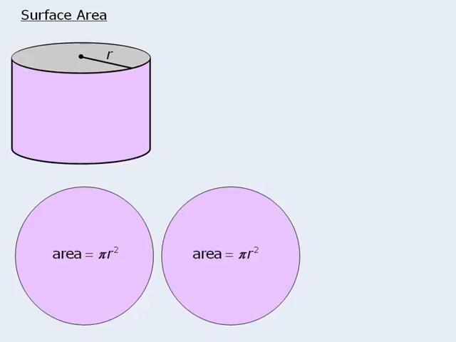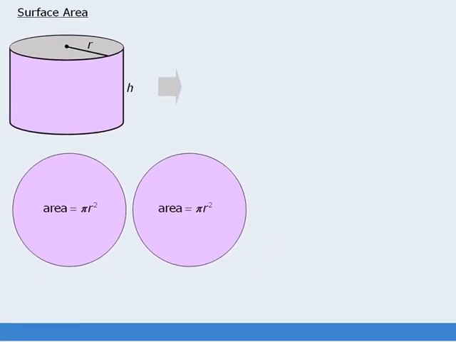Finally, we need to find the area of this curved part. To do this, let's first say that the cylinder has height h. Now if we take the curved part and roll it out, we get a rectangle that has height h. So to find the area of this rectangle, we need to know the length of its base.